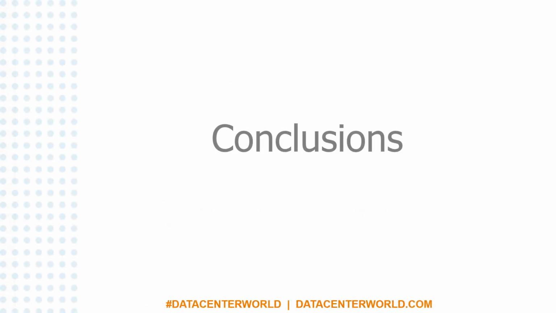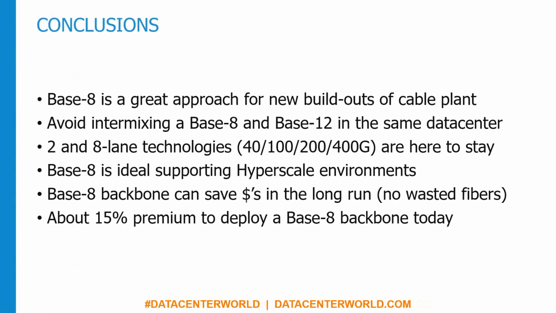So let's go through some of the takeaways from this session. Base 8 is a great approach for new build-outs of cable plant and data centers, but avoid intermixing base 8 and base 12 connectivity in the same data center if at all possible. 2 and 8 link technologies are here to stay, whether it's 40 gig, 100 gig, 200 gig, or faster speeds that are expected down the pike.